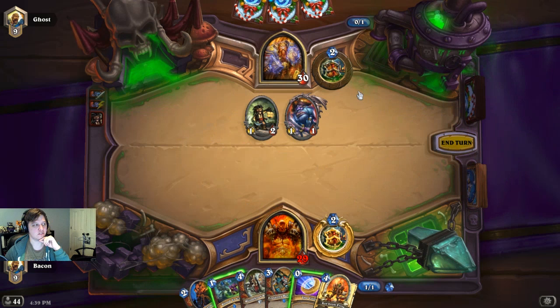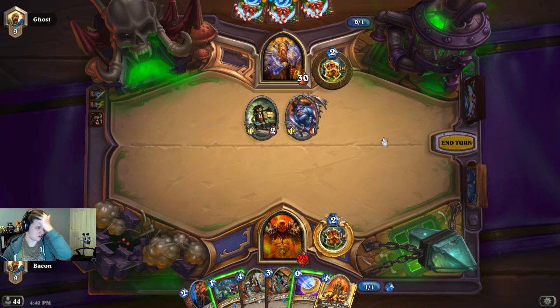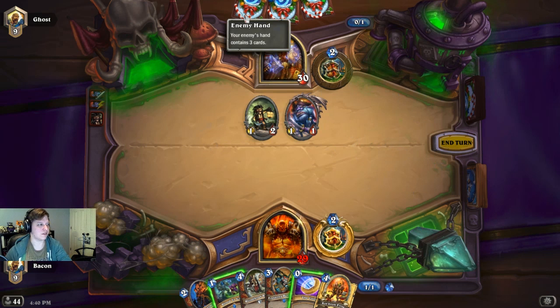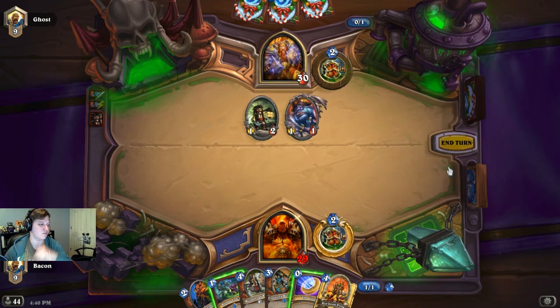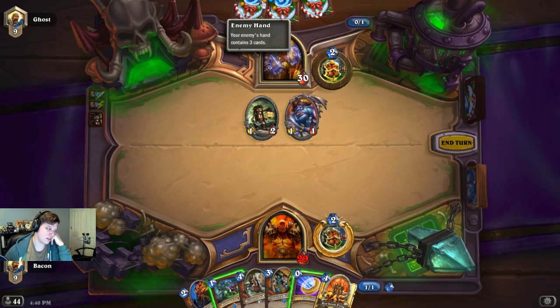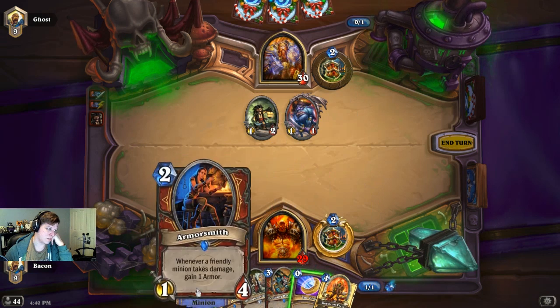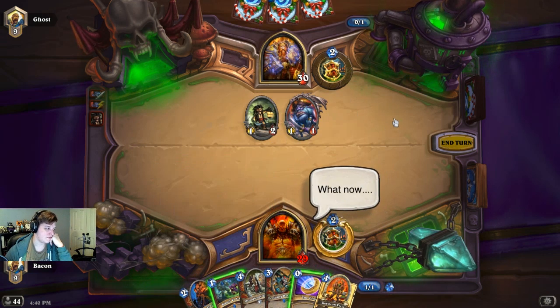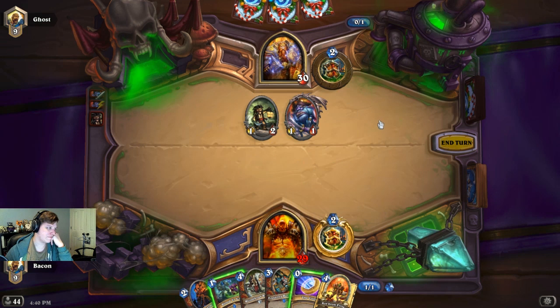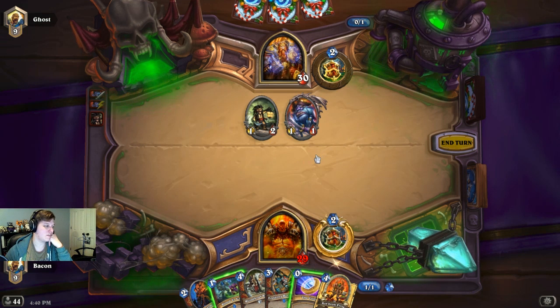So that's what we're going to assume the second card is here, because they played the first card they kept. We're assuming the second card is going to be a Fiery War Axe. So with that information, does that change our play? Do we still Blood to Icar this, or do we maybe... What now? I think assuming that they have the Fiery War Axe, we probably Blood to Icar.